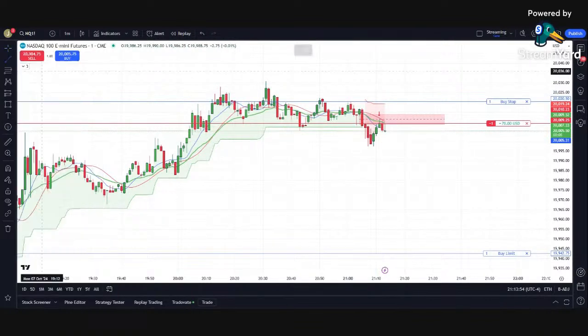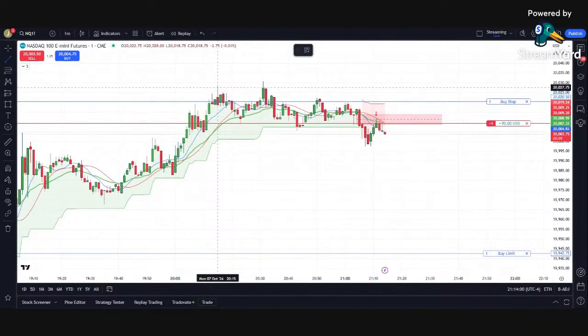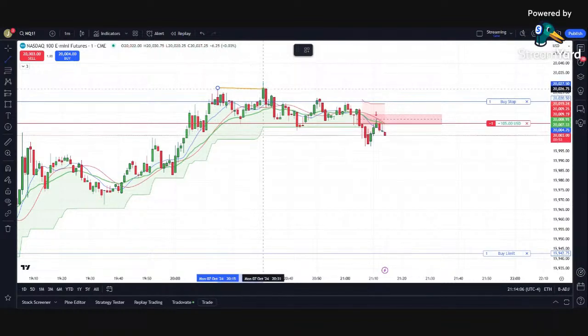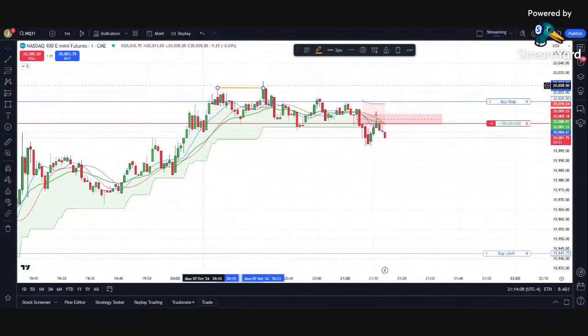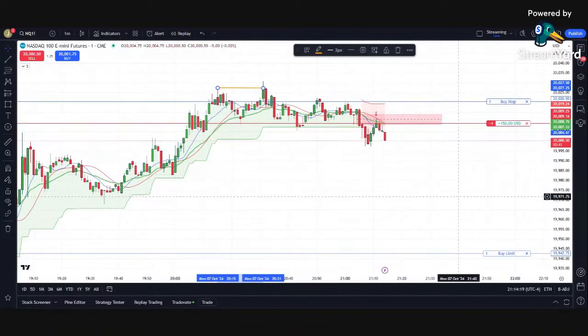As said, liquidity is where the orders and stop losses are put. So this is liquidity, then it creates a displacement, then a pullback, and then a continuation of the market.